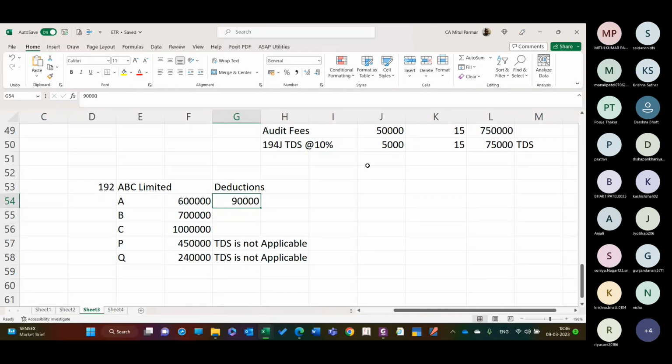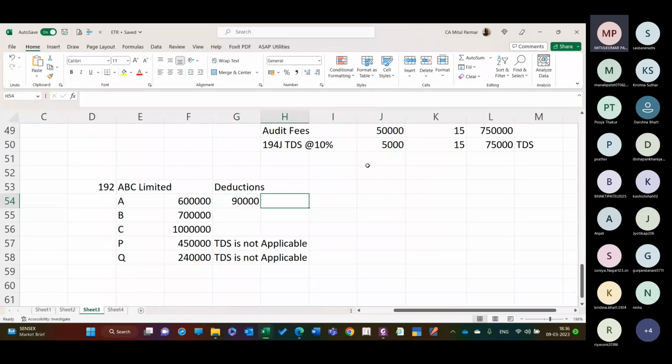This 90,000 includes the standard deduction of salary of 50,000 rupees, and the remaining 40,000 he is claiming in 80C, 80D, or whatever sections are available. So total deductions available to A are 90,000.